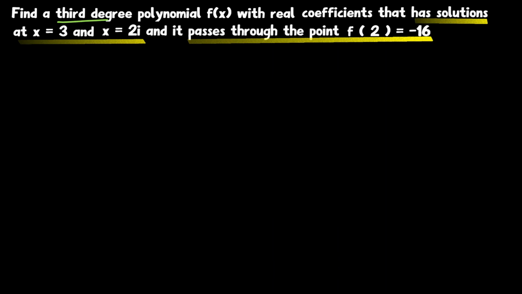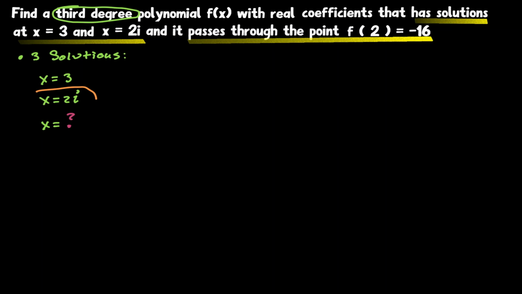If we want a third-degree polynomial, then we should have three solutions. But notice that we are only given two, when x is equivalent to 3 and x is equivalent to 2i. We are missing a third solution.